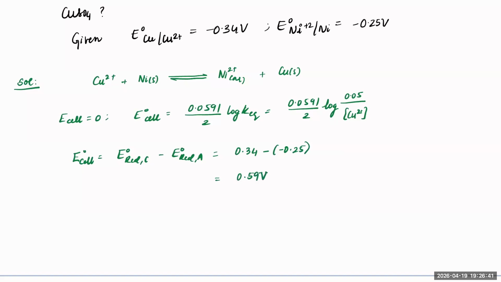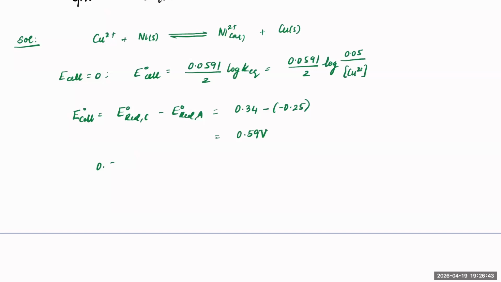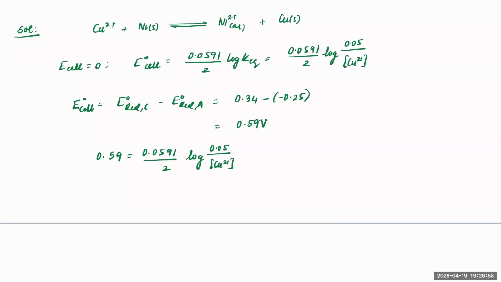So you just have to substitute that: 0.59 volts is equal to 0.0591 upon 2 log of 0.05 by copper 2 plus. Now you can see this almost goes 10 times here, correct? So I can write this as log of 0.05 upon copper 2 plus, right?